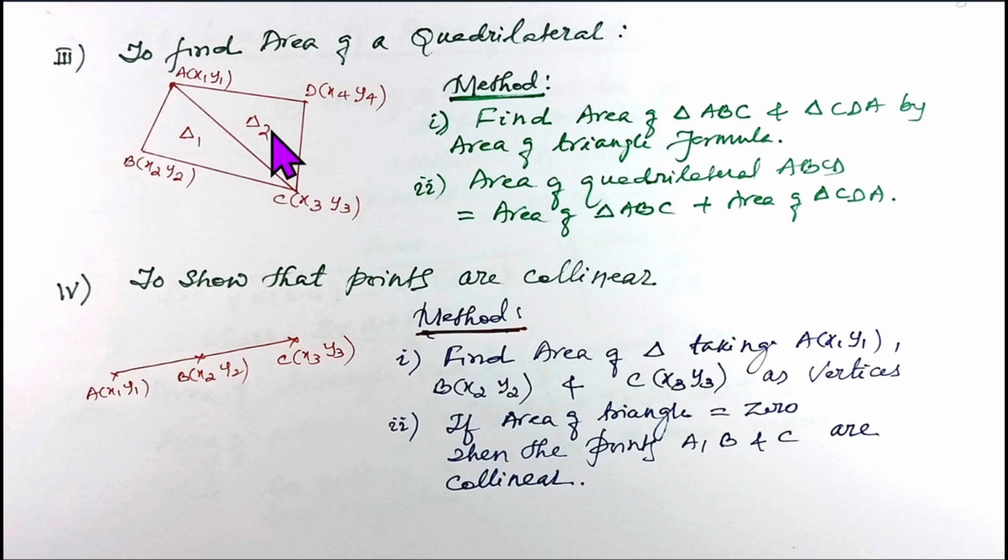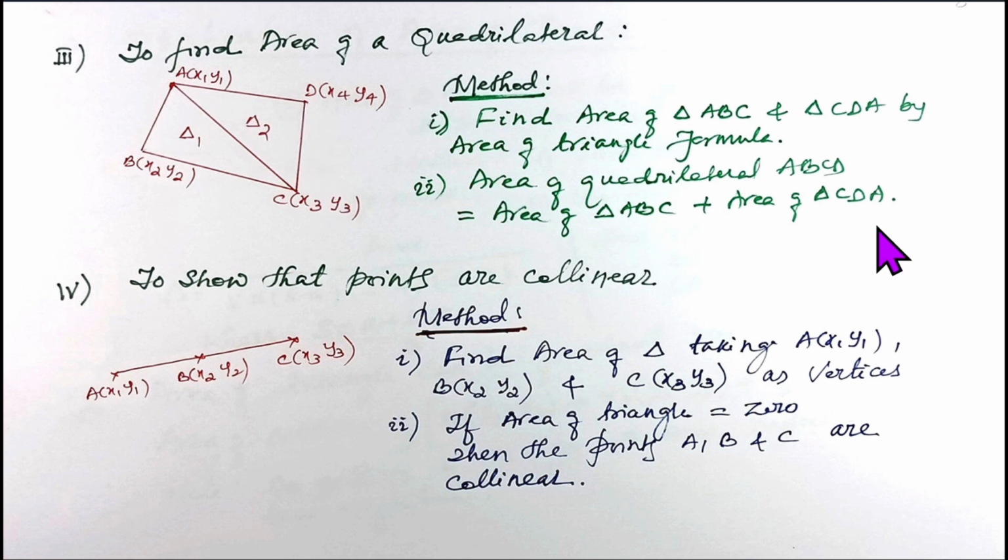To find the area of the quadrilateral, find the area of triangle 1, that is ABC, and the area of triangle 2, that is ACD, then add them to get the area of the quadrilateral ABCD. So we apply the area of triangle formula two times, one for each triangle, and then add.